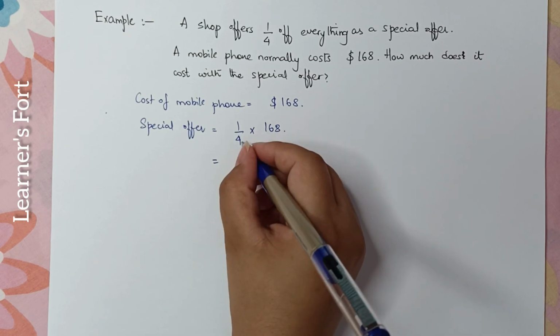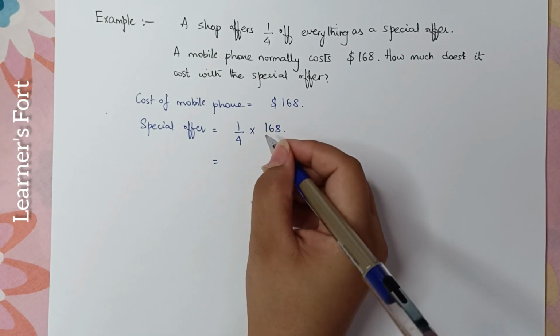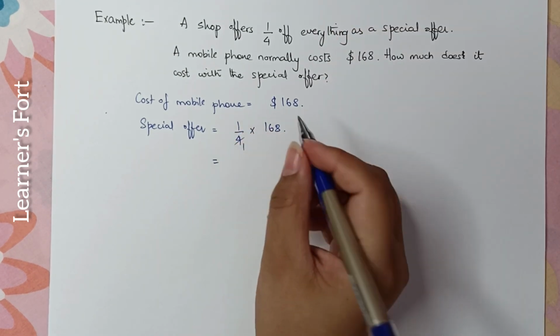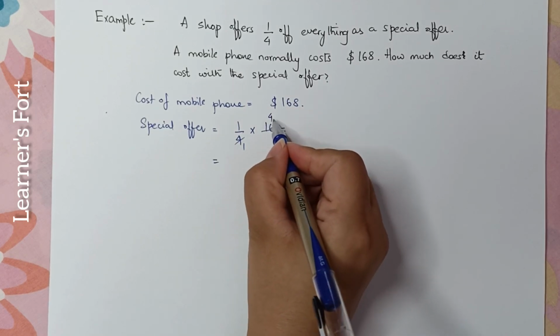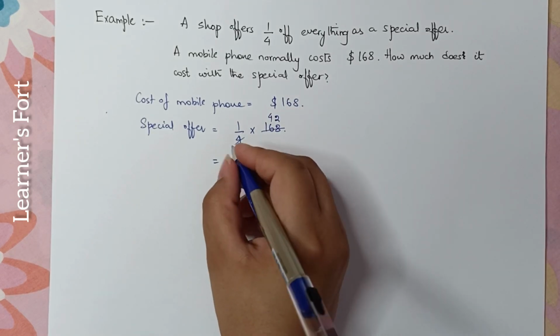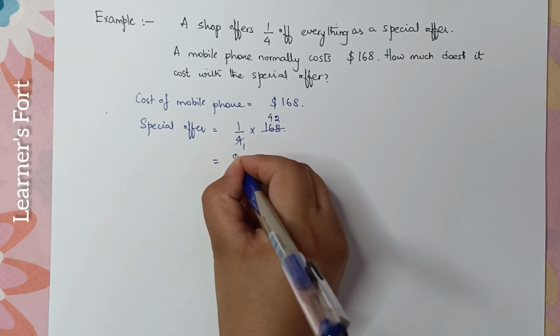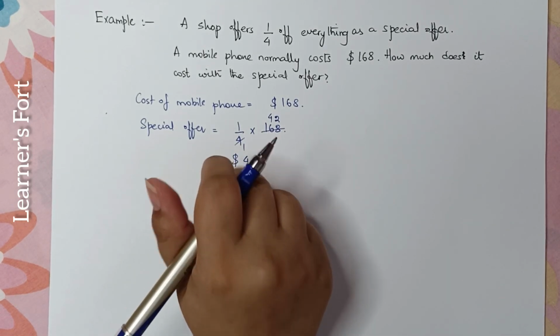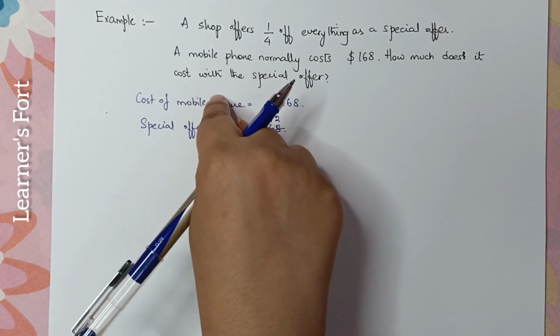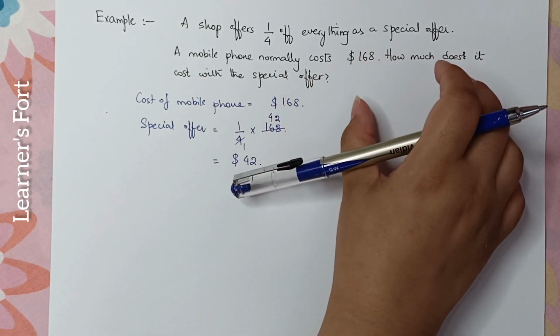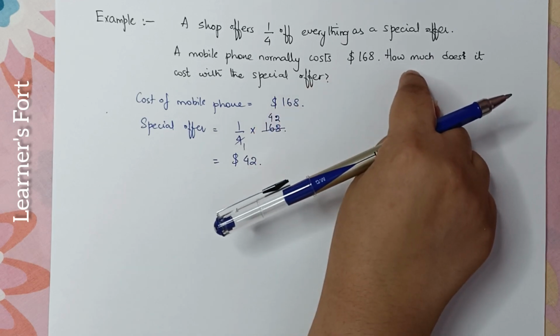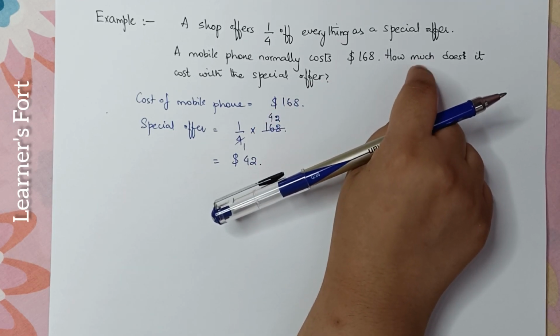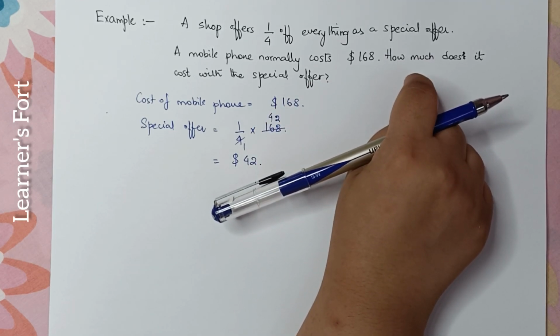Okay. So here we can see that 168 is being divided by 4. So 4 ones are 4, and 4 42 times is 168. So we know that the special offer being given is $42. Okay. So this is the discount. So they say, how much does it cost with the special offer? It means that the amount that they are asking us to calculate is the one which is after discount.